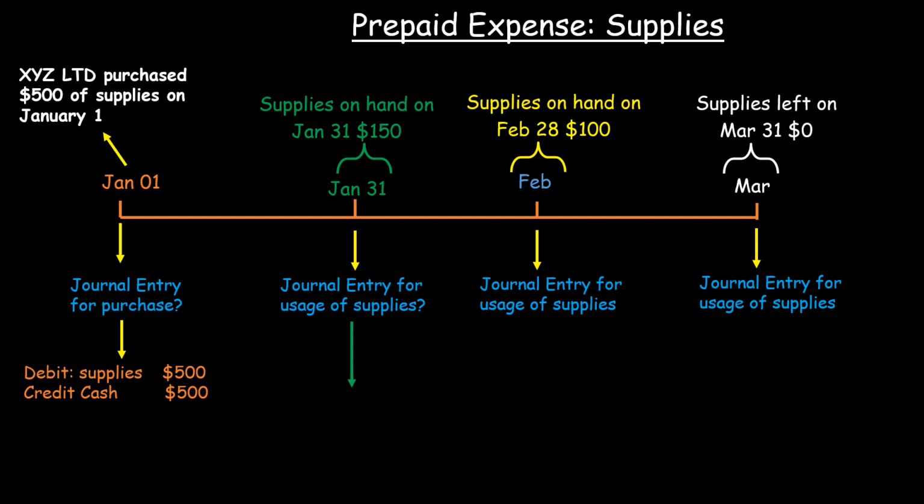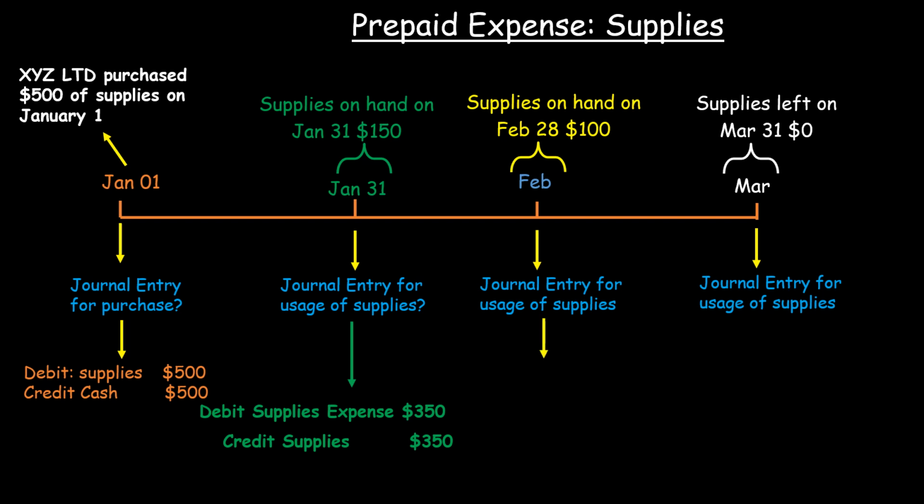And whenever something is used, it becomes an expense. And in this case, what is used? Supplies are used, so we will call that supplies expense, and supplies expense is debited for $350. And what is used? Again, supplies, so we are going to decrease supplies by crediting it.